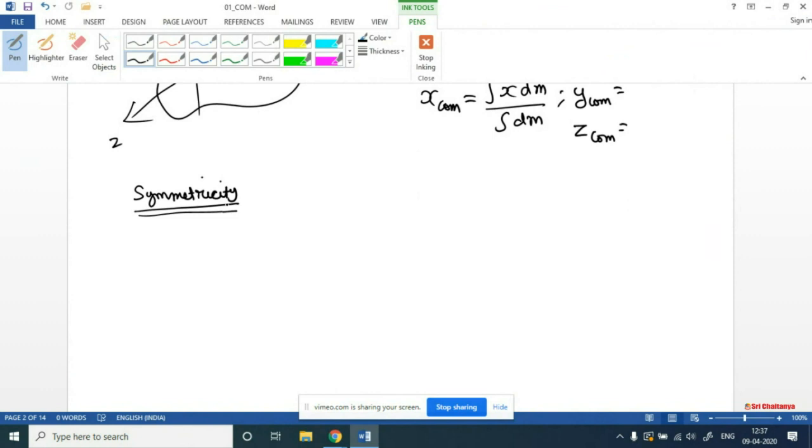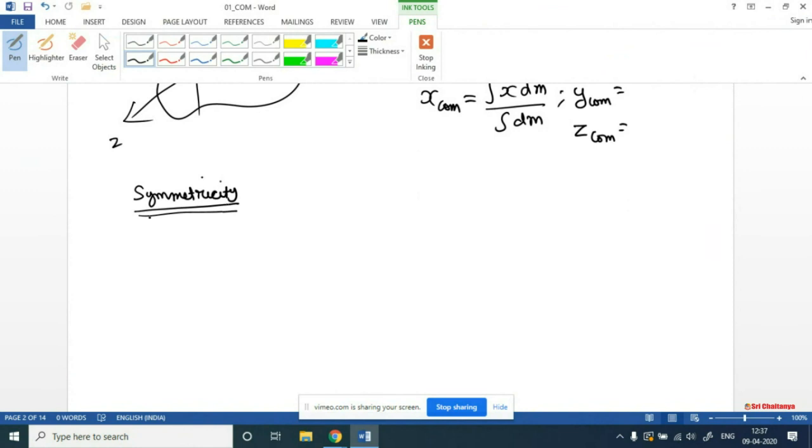Line of symmetry means around that line the distribution of mass is symmetrical. So we can definitely say for sure that the center of mass is going to lie somewhere on that line of symmetry.